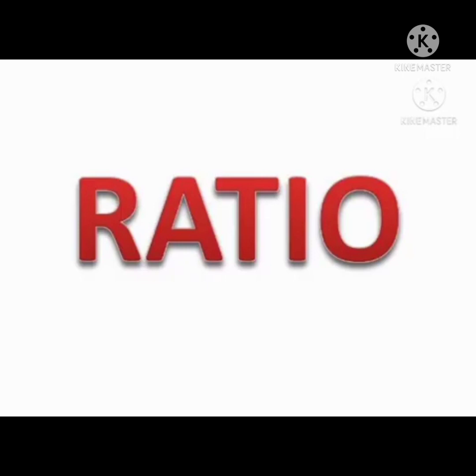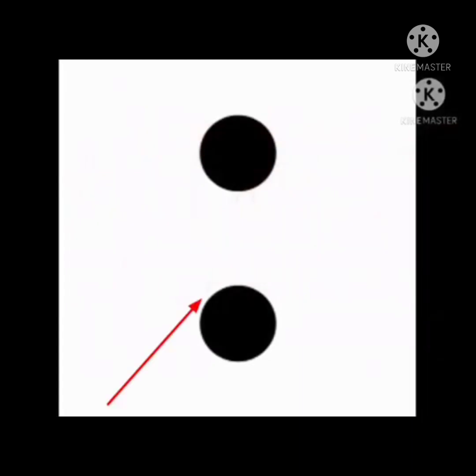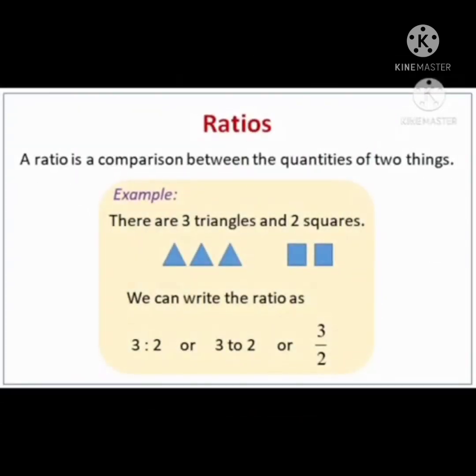A ratio is a way of comparing two or more numbers. And also, ratio exists between two quantities of the same kind. Okay, children, now see in the picture, this is the symbol of ratio. A ratio is a comparison between the quantities of two things.